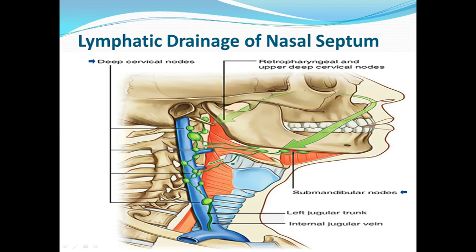The posterior half of the nasal septum will drain its lymph into the deep cervical lymph nodes. So submandibular lymph nodes and deep cervical lymph nodes are the lymph nodes which drain lymph from the nasal septum.